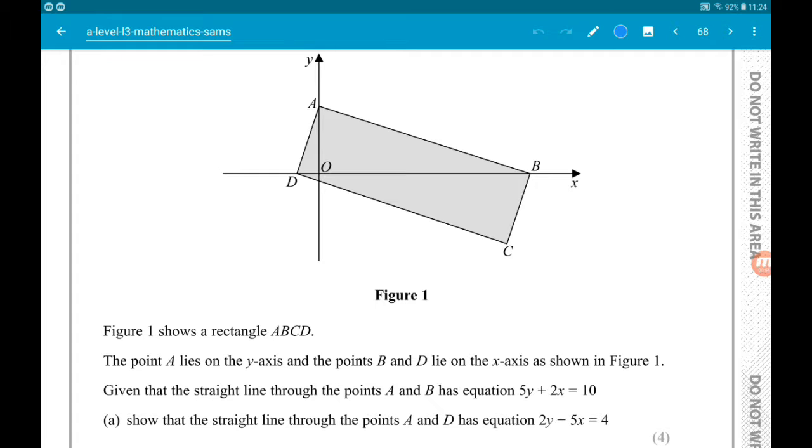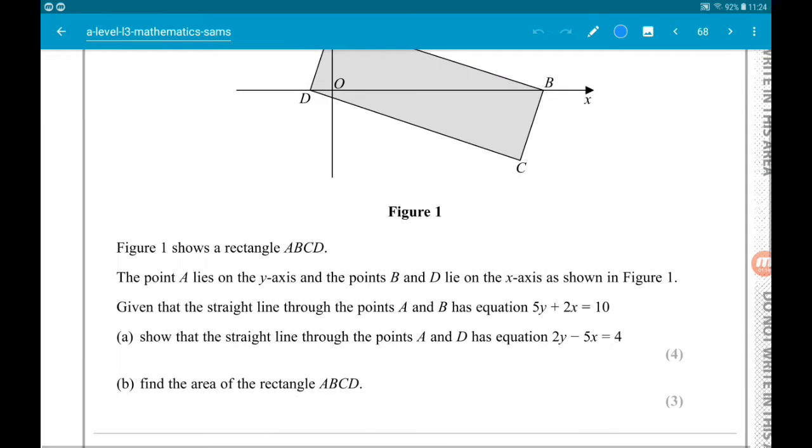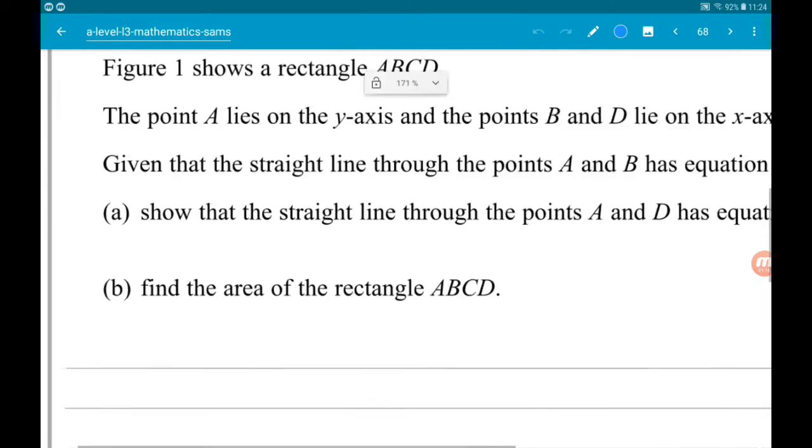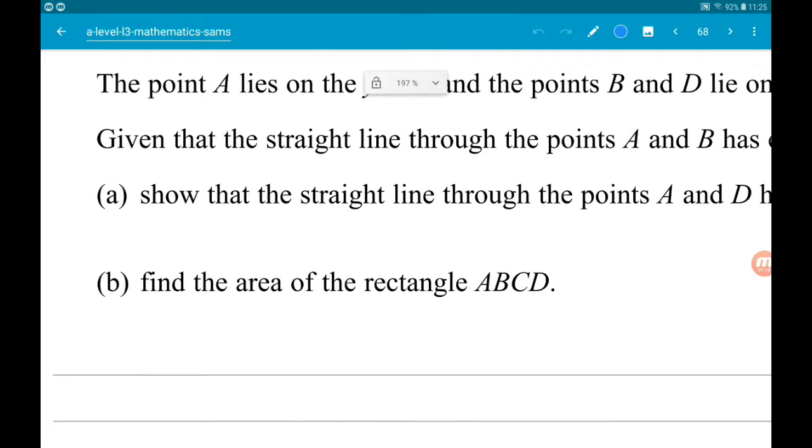Okay, so quite a bit of information to process. So we know we are dealing with a rectangle, so that means that AB and AD are perpendicular.